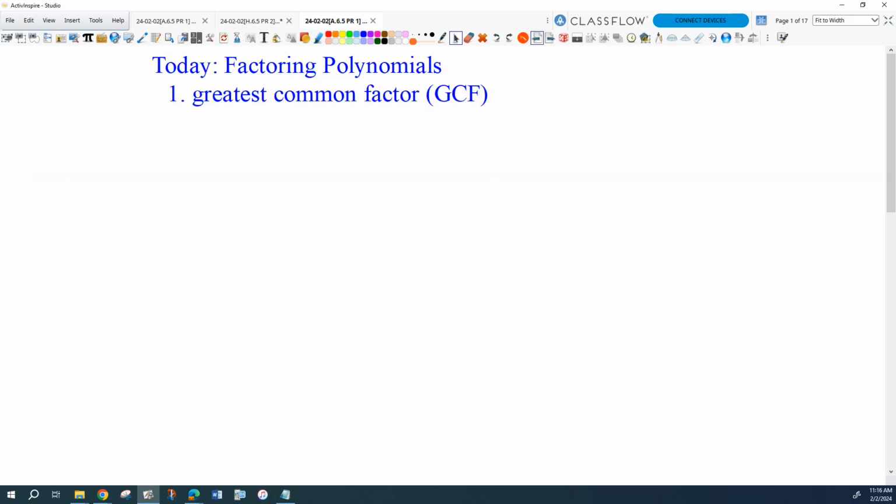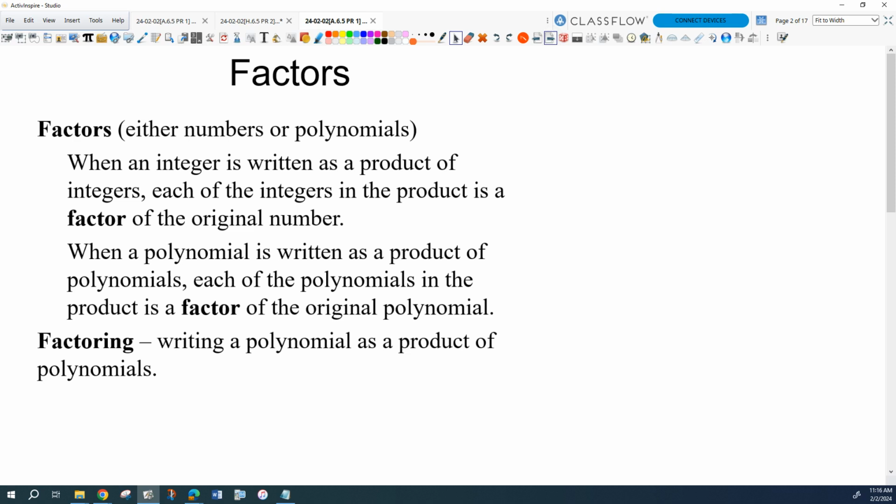We start off with greatest common factor stuff. This is just from the textbook, some stuff for your notes. Really, the thing I want you to know here, it's kind of important, is the difference between factors and terms. Factors are things that are multiplied.